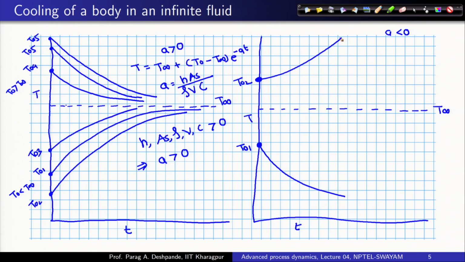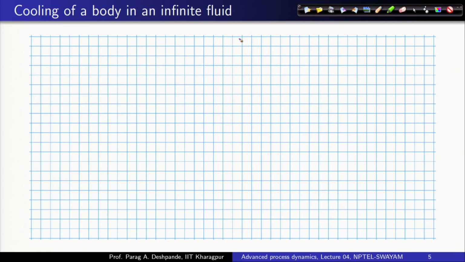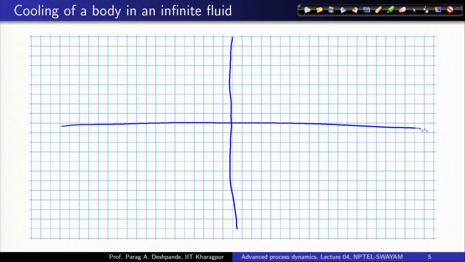Now, this looks a little weird, but this is in fact not mathematically inconsistent, because what then you will need to do is you will need to go. So, let me draw it again. Now, I have considered negative time as well. Okay. So, this is the temperature, I have considered the negative time as well. You start with this, and this is going to be a solution.